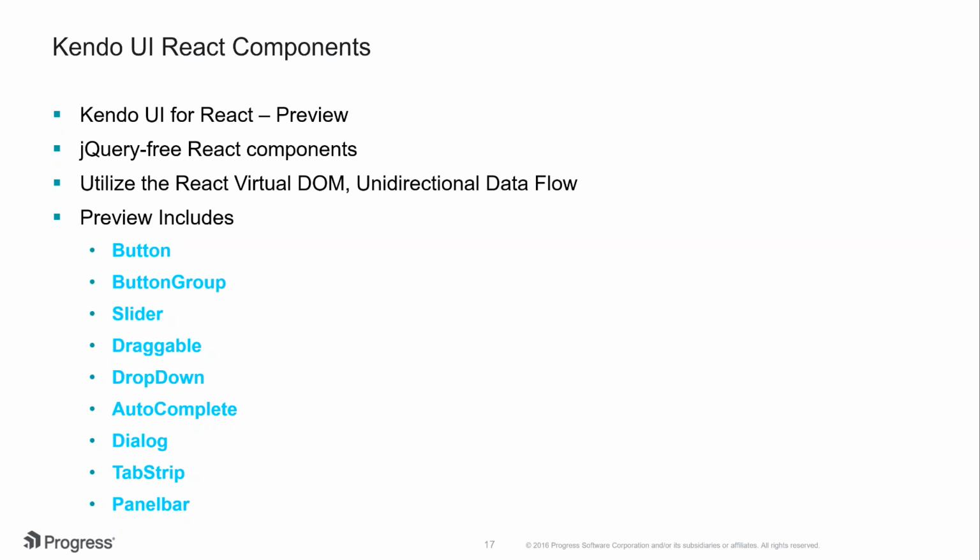So currently with Kendo UI plus React, you have this many components available. You can always go play around. If you have any feedback, any suggestion, please write back to us. We will be eager to listen to you, take your suggestions and feedback, so that we shape the product better.